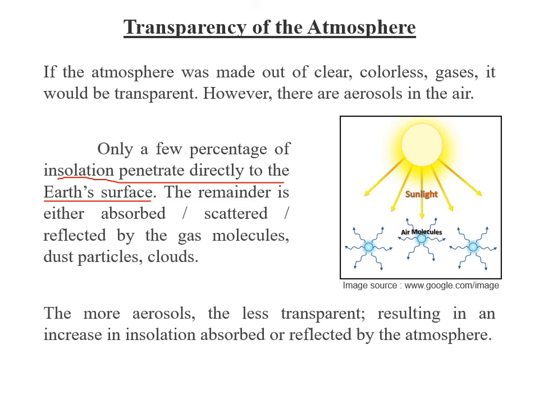This incoming solar radiation, which faces these kinds of restrictions, is either absorbed completely, the energy completely taken by those bodies, or it is scattered, or reflected, or diffused by the gas molecules or dust particles or clouds.